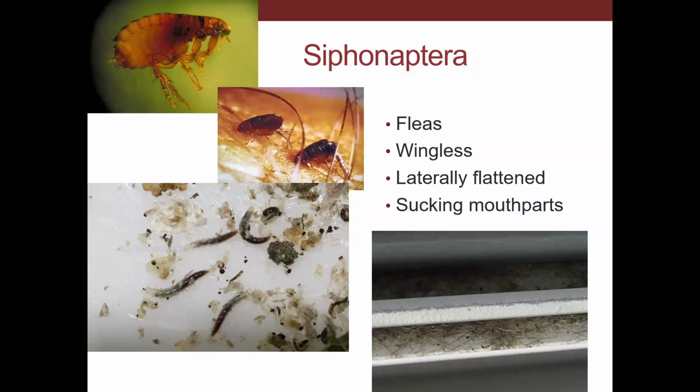And that is what we as humans commonly call flea dirt. So if you've ever had an animal that has fleas and you use a flea comb on it, that little black speckly stuff that looks like dirt, that is actually flea poop. And when the animal moves around, that again falls into the environment. And so that is how the larvae feed on blood.